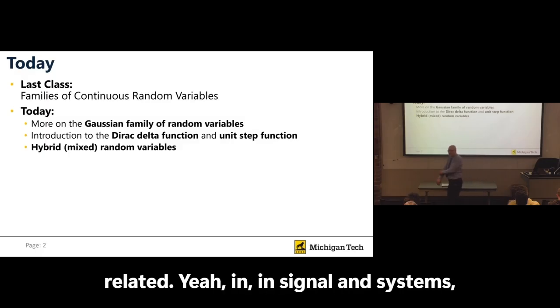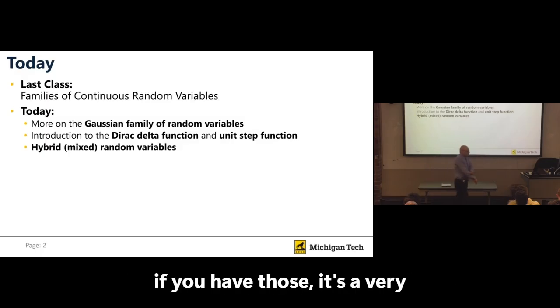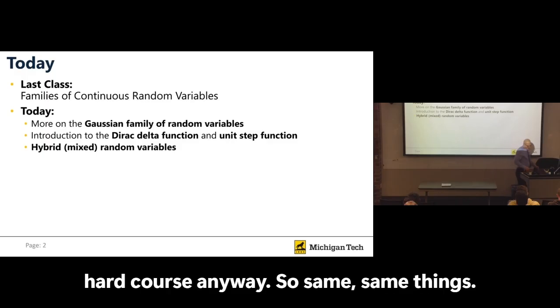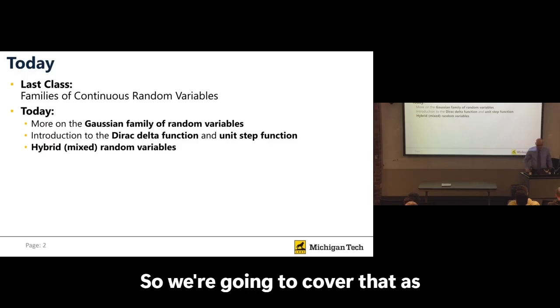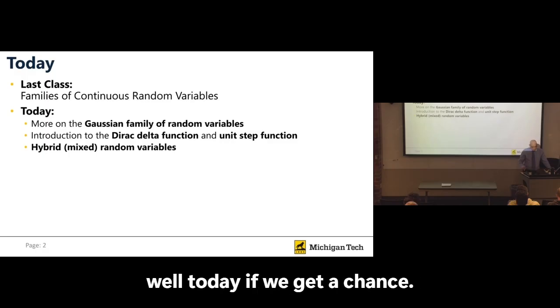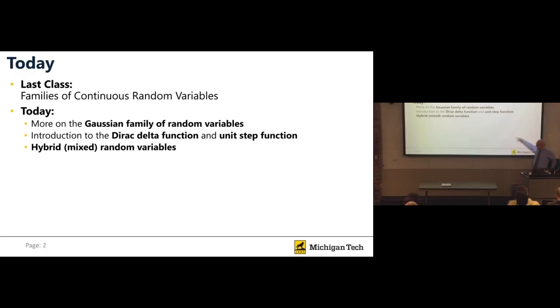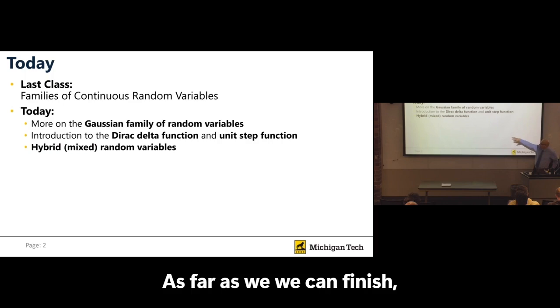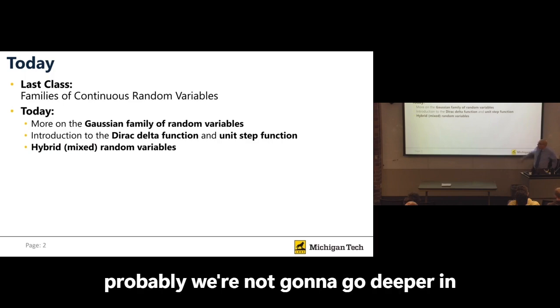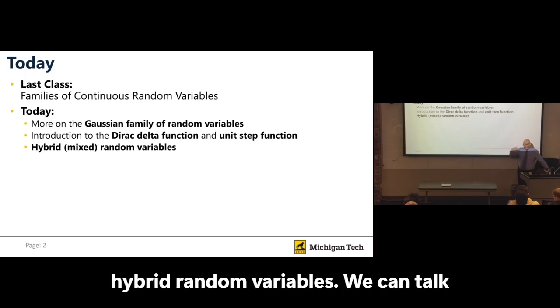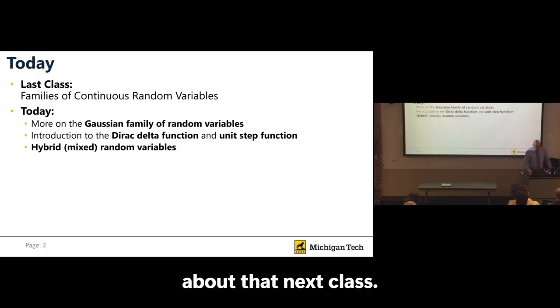In signals and systems, it's a very hard course anyway. So we're going to cover that as well today, if we get the chance. As far as we can finish, we're probably not going to go deeper into hybrid random variables. We can talk about that next class.